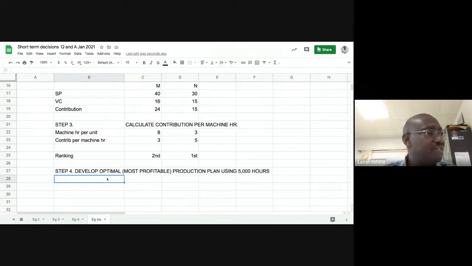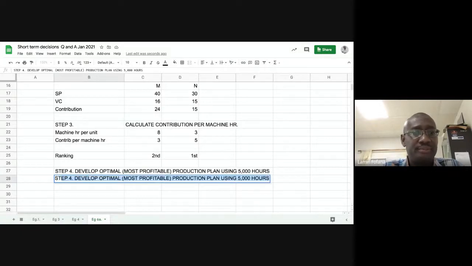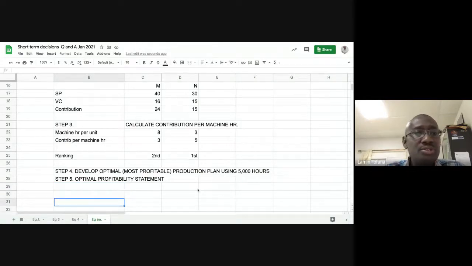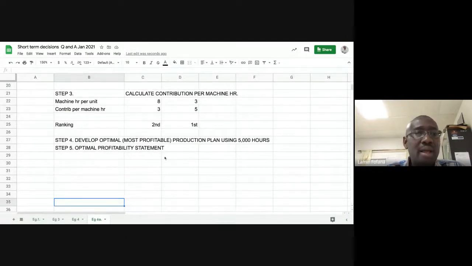So step 5 will be our optimal profitability statement. So step 4 and step 5, we're going to put them together. Are we following? I'm going to go down and then I'll do my table.